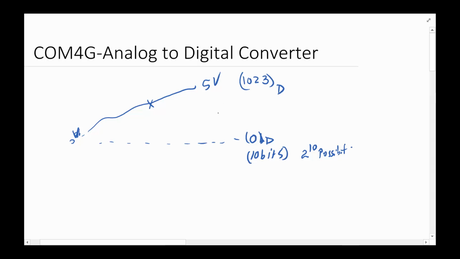So if I have 5 volt, I am theoretically able to convert any given voltage from 0 to 5 volt to a corresponding value. For example, if we wanted to represent 2.5 volts, that would be roughly in the middle, somewhere around the 512 decimal value.